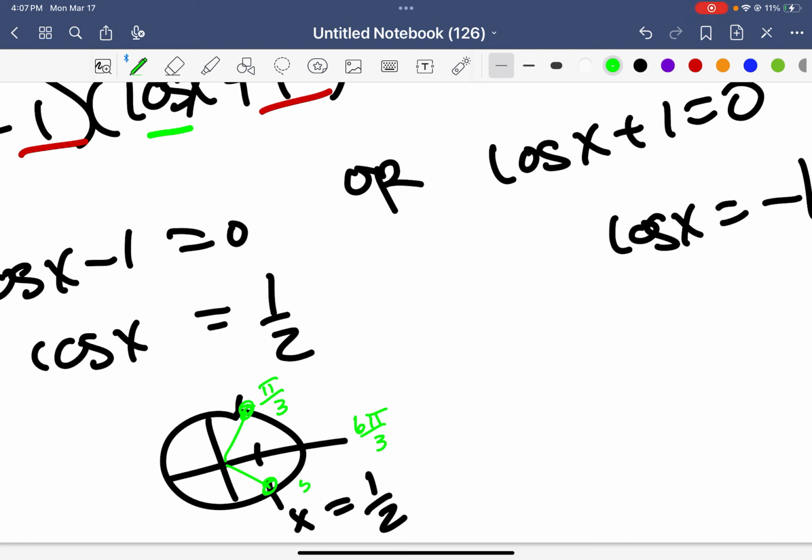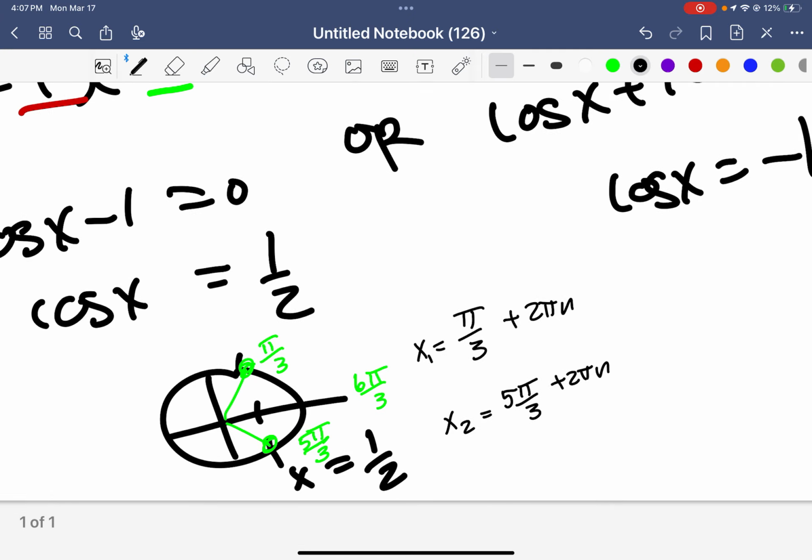So if I back up 1, I get 5 pi over 3. So either I get pi over 3 plus 2 pi n, which would be one of my answers, or my other family of solutions is going to be 5 pi over 3 plus 2 pi n.